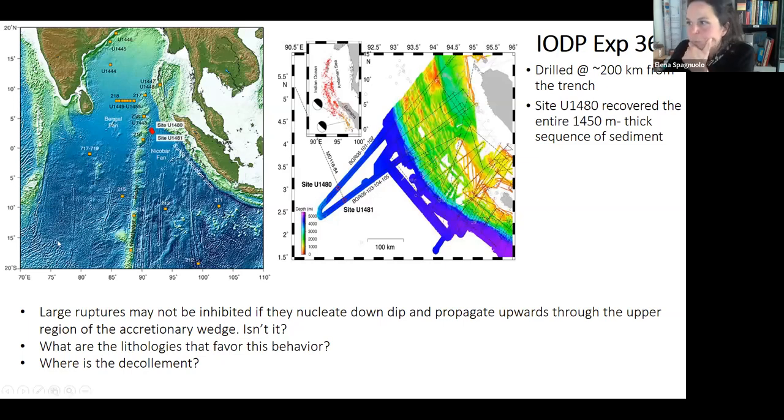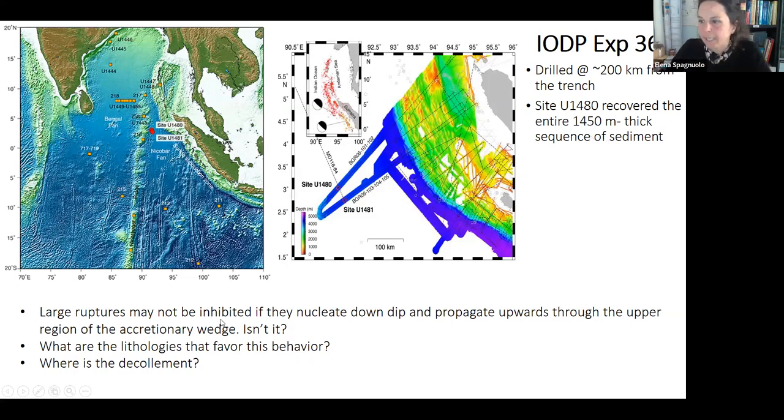The expedition was not able to drill exactly on top of the trench. They drilled 200 kilometers from the trench. So here, and here is the trench. And they recovered more than 1.5 kilometers of sediments.